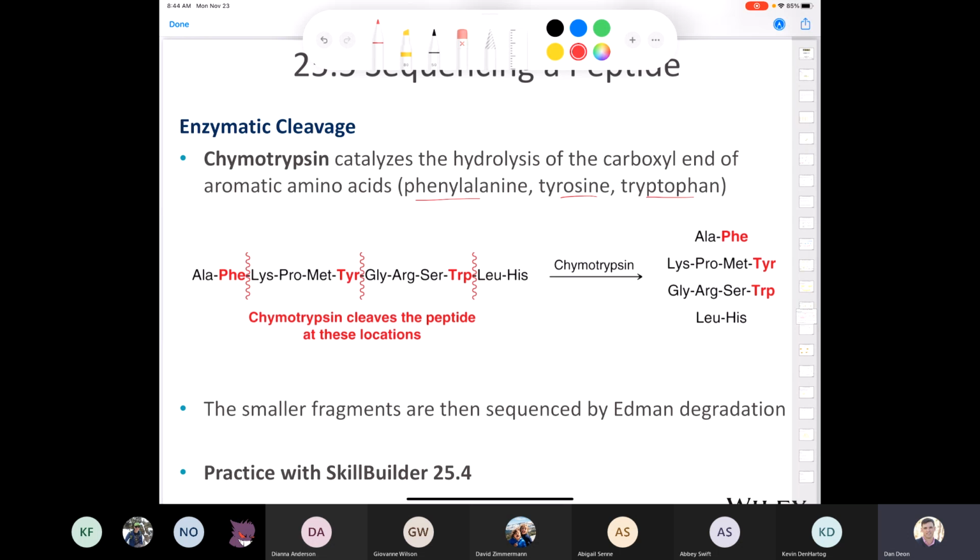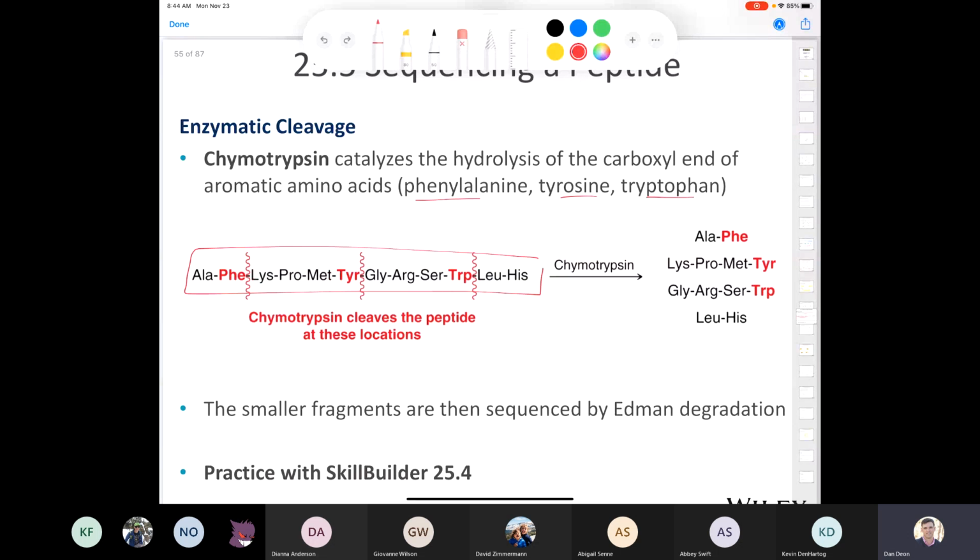If you look at the structures of the R groups of these three amino acids, they all have planar, flat groups. So if we were to treat this same peptide from the last slide, we end up hydrolyzing on the C terminus side of the phenylalanine, the tyrosine, and the tryptophan.